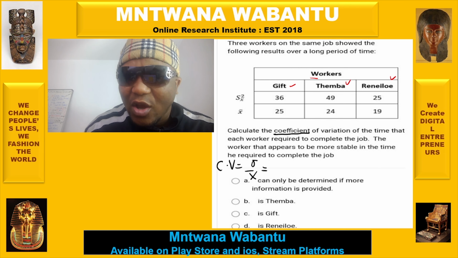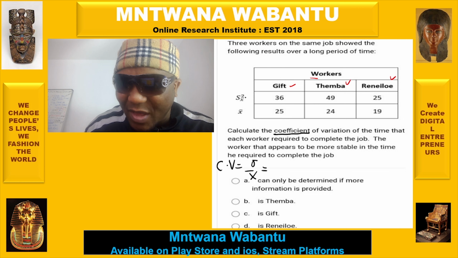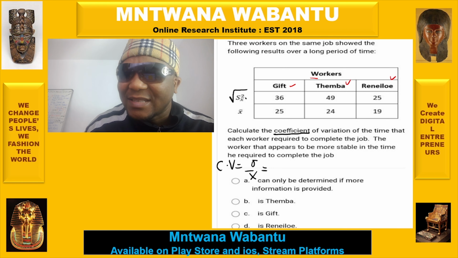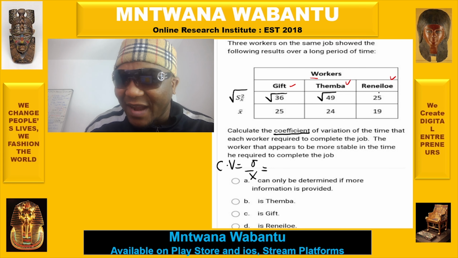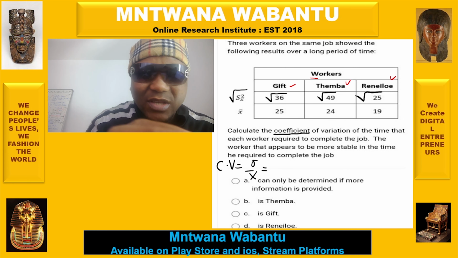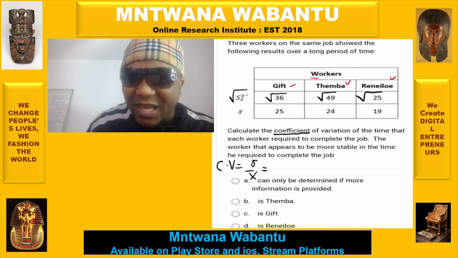Do we have a standard deviation here? We don't, because we only have a variance. So to get the standard deviation, you must square root each of these, because those are variance. So when you square root, they're going to give you standard deviation.